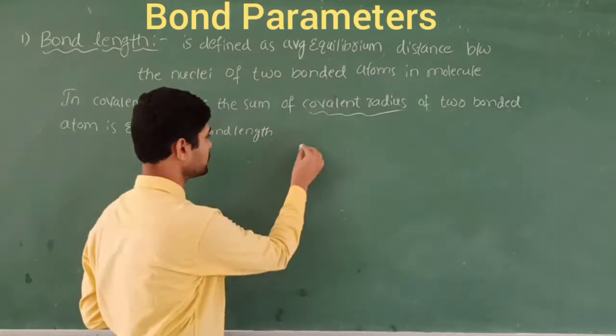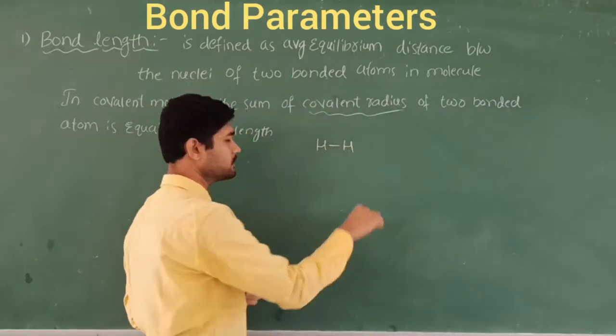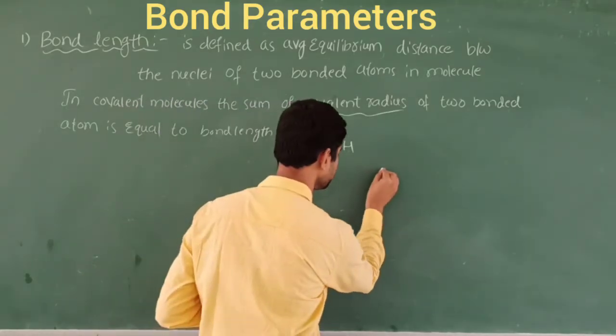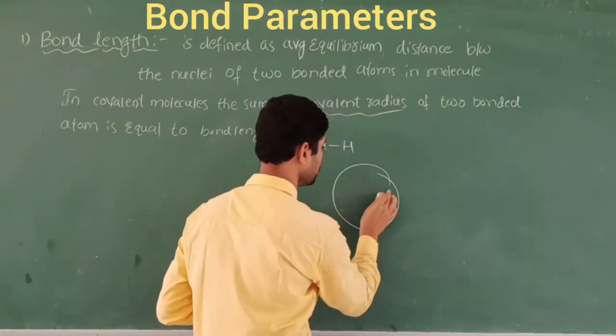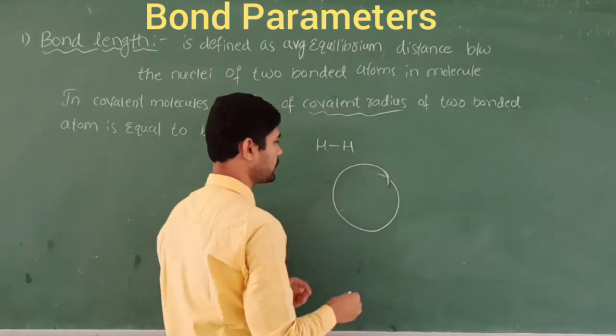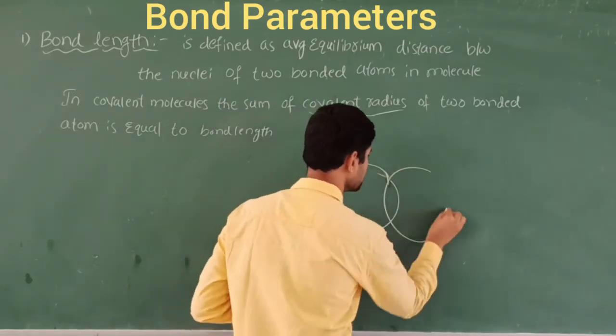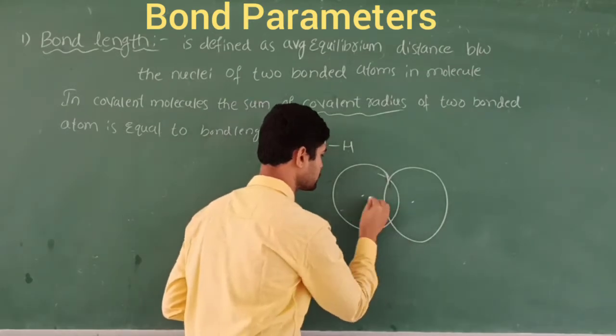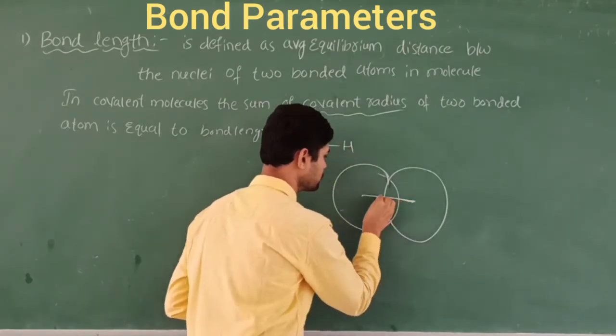Suppose I take a hydrogen molecule as an example, right? This is one atom, this is one atom. Now I am going to write here. This is one hydrogen atom and this is another hydrogen atom. Their distance, I am going to mark it here.